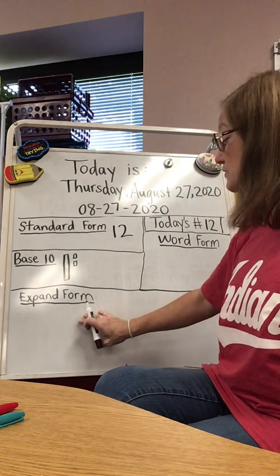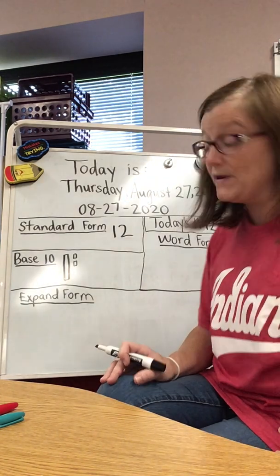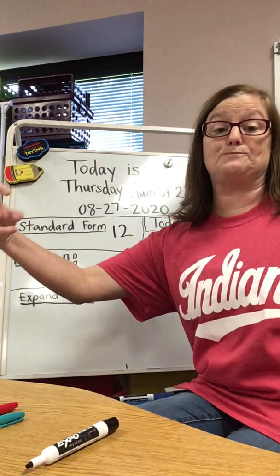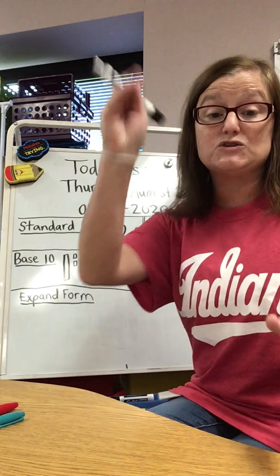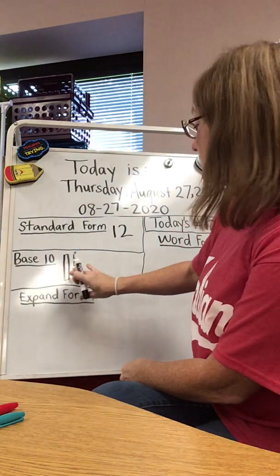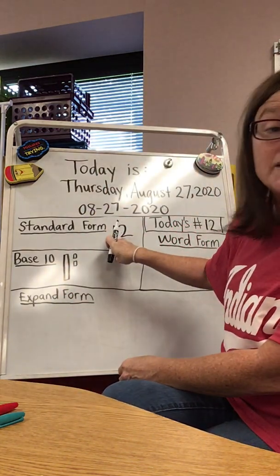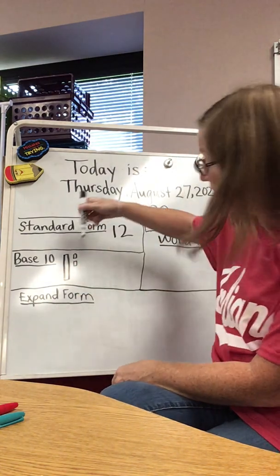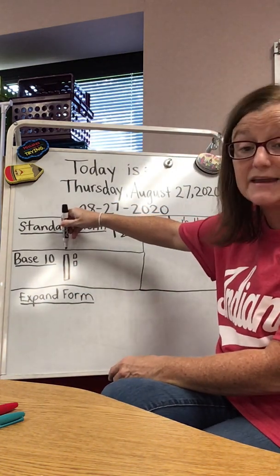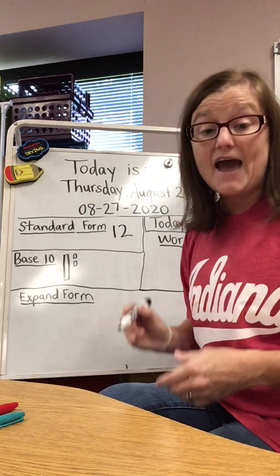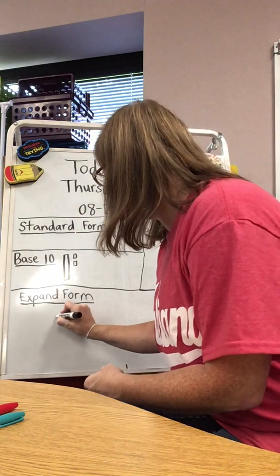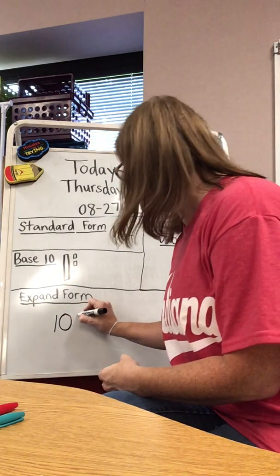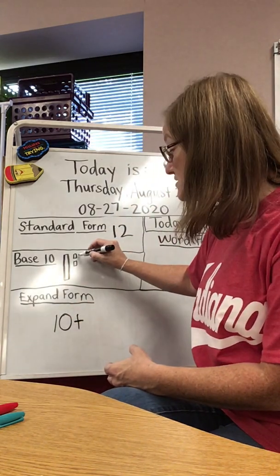Now we're going to move to expanded form. And expanded form is where we take the number and we expand it into each one of the columns. So let's say we have a 1 in the tens column. That means we have 1 ten. If we see here, we have 1 ten or 1 long. And that equals 10. So we've got 1 ten that equals 10, plus how many ones do we have?